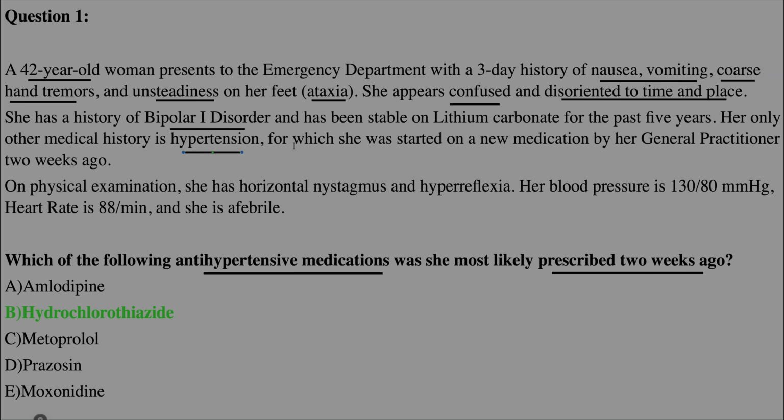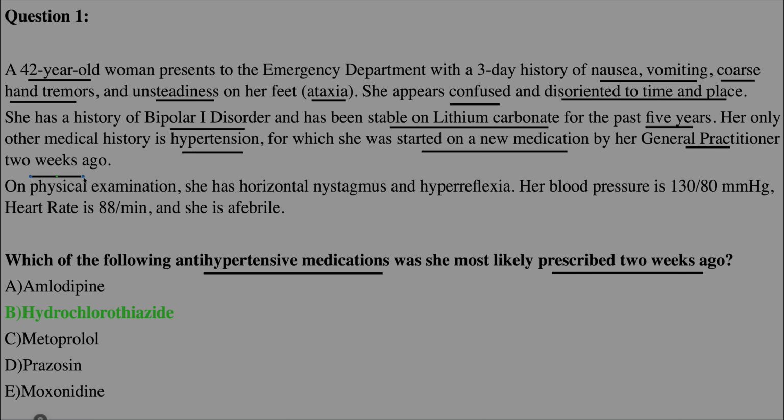For bipolar 1 disorder, she has been stable on lithium carbonate for the past 5 years. And for hypertension, she was started on a new medication by her GP 2 weeks ago. So step 3 connects the complaint, which was step 2, to a cause.